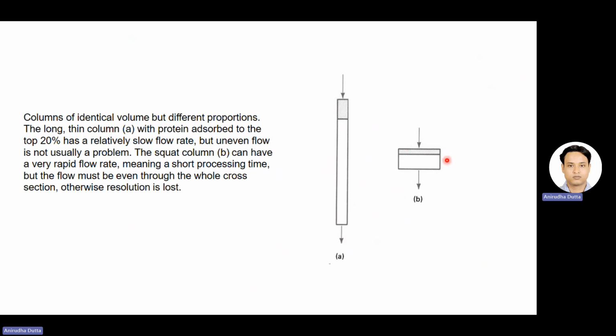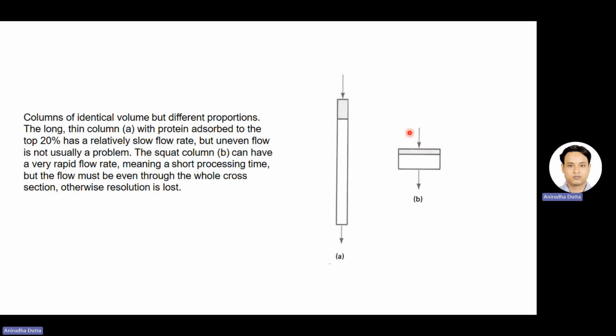For a larger diameter short column, the problem is the buffer might not run uniformly throughout the diameter of the column. Okay, so that would reduce the resolution, whereas the column would run at a higher flow rate.